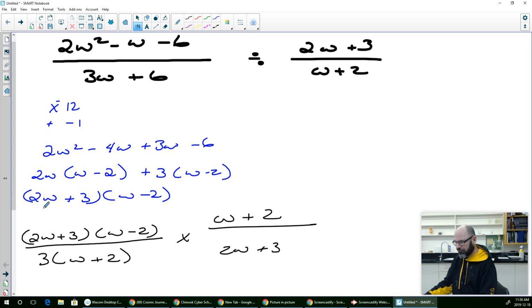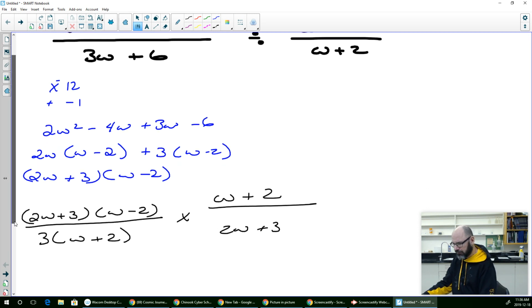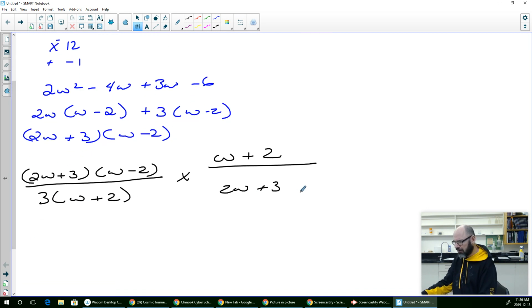Now, if they're asking for restrictions, all the restrictions are everything on the bottom plus whatever's on the top of the dividing fraction. So w can't be negative 2, and if you solve this, move the 3 over and divide by 2, it can't be negative 3 over 2 either.